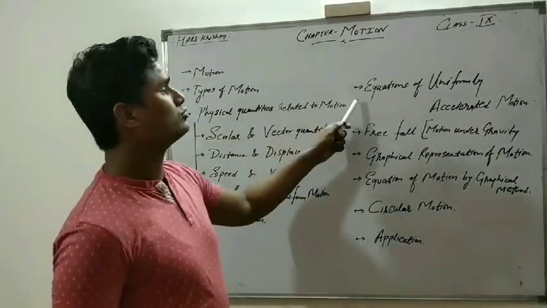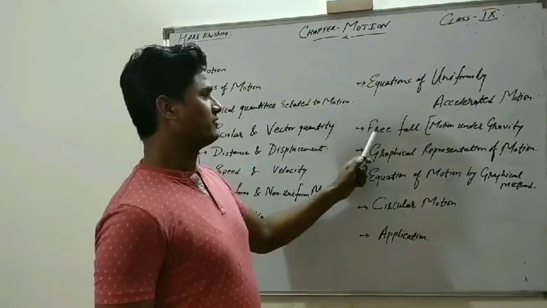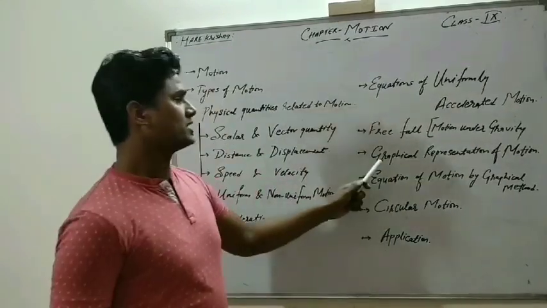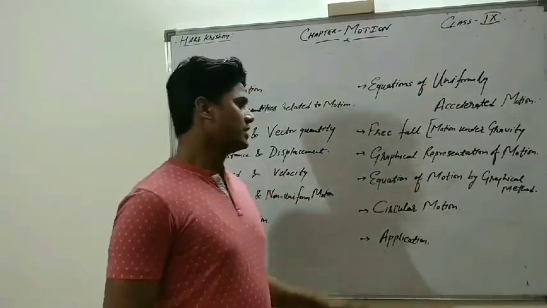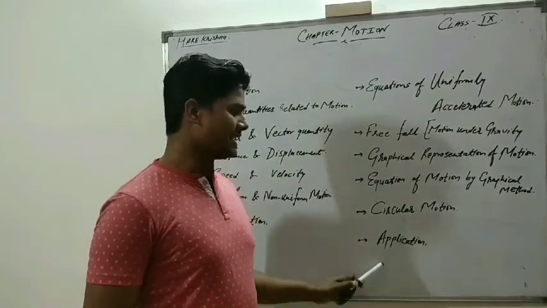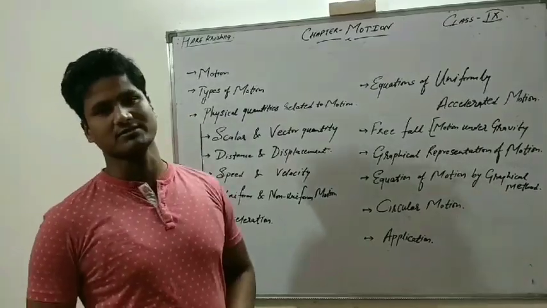Further, we will include equations of uniformly accelerated motion, free fall, which means motion under gravity, graphical representation of motion, equation of motion by graphical method, circular motion, and applications of the concepts in numericals and question answers.